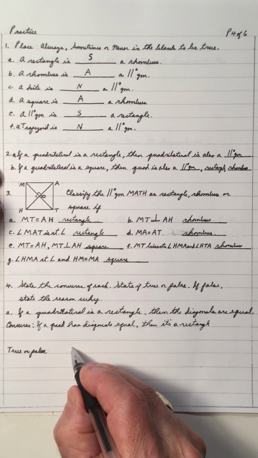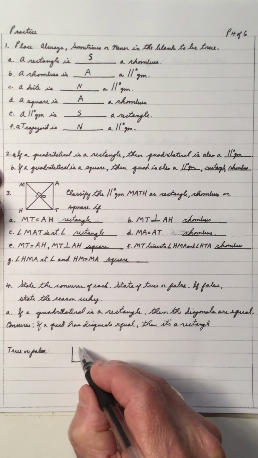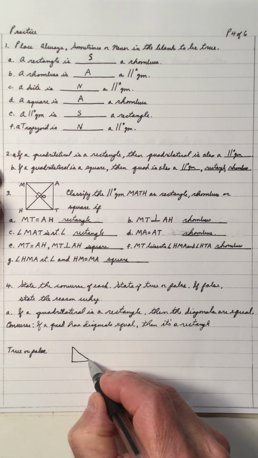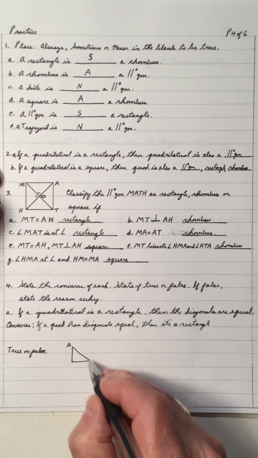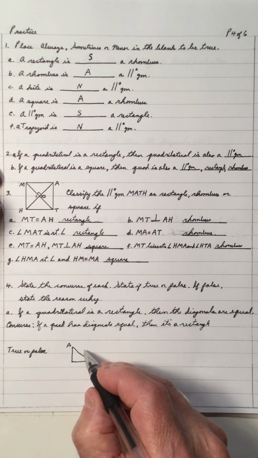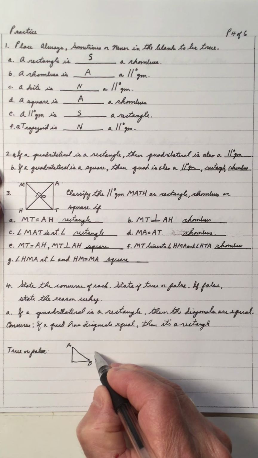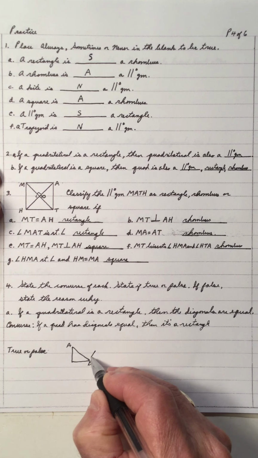I'm going to draw a little diagram here now. So let's say we have this situation. There's the diagonal. So let's say that AB is the diagonal. So now I'm going to draw this figure. So here it is.